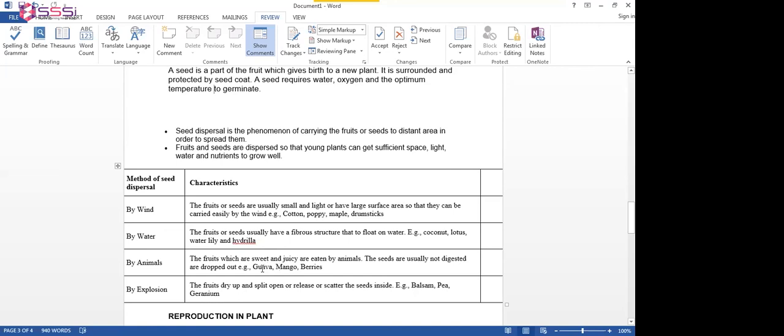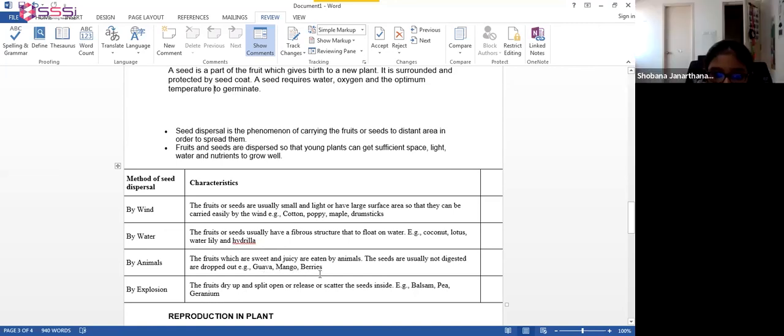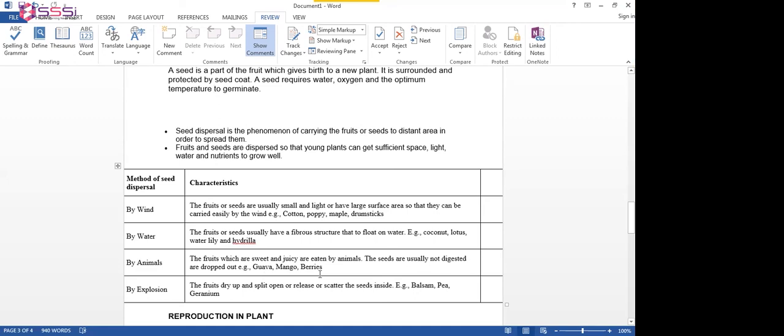For example, guava, mango, berry. Wherever the seeds have fallen, a new plant will grow if it gets all the necessary requirements. So by the help of animals, seeds can be dispersed.